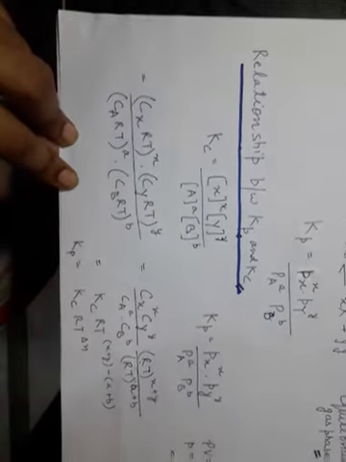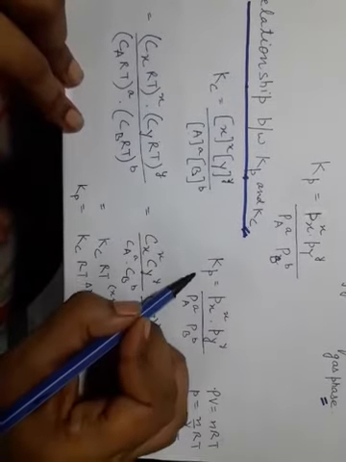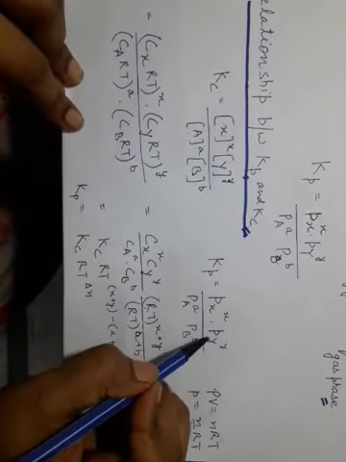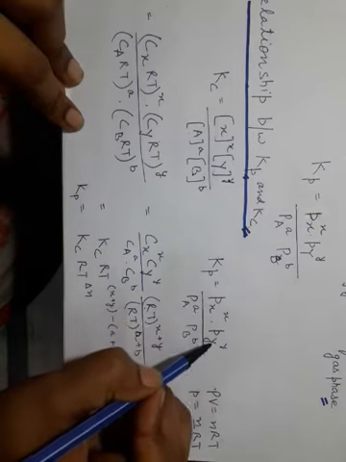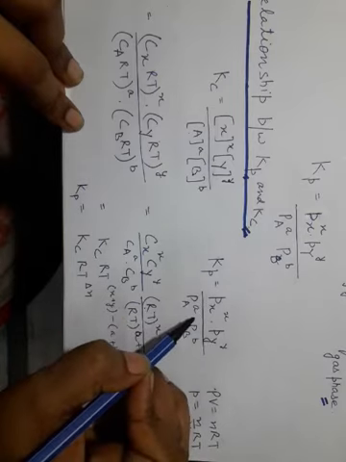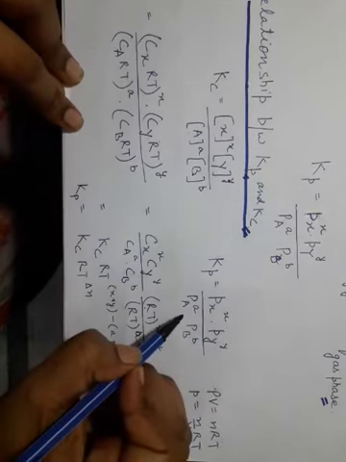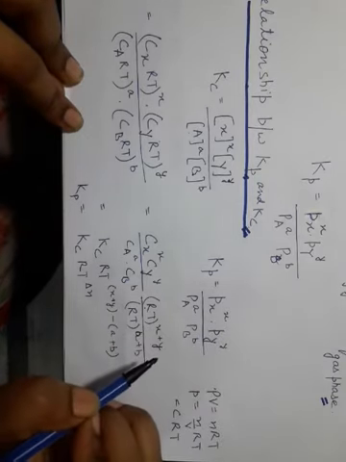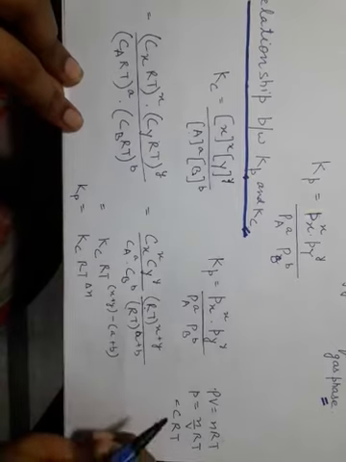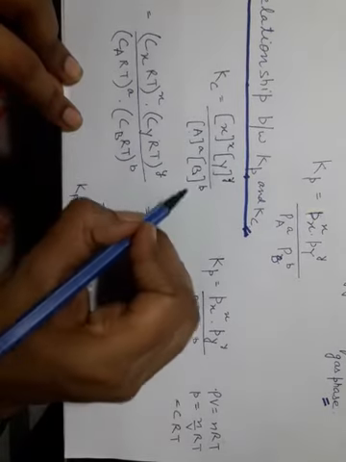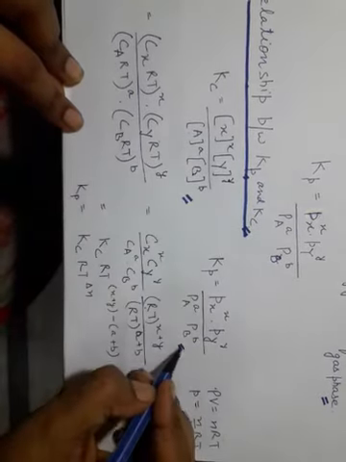And Kp is equal to the product of, not concentration, the partial pressure of products divided by the product of partial pressure of reactants raised to the power of their stoichiometric coefficients. So we have to derive the relationship between Kp and Kc.